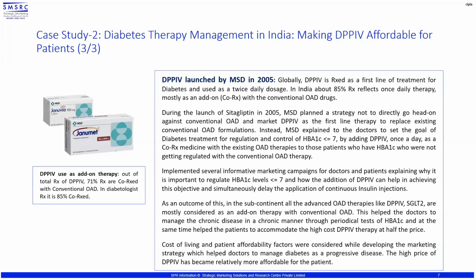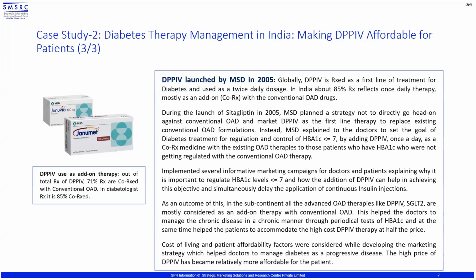The whole paradigm changed from acute management of PP and fasting sugar control to long-term chronic management of HbA1c, by adding DPP-4 once a day as a co-Rx medicine with the existing OAD therapies for those patients who were not getting regulated with the conventional OAD therapy.